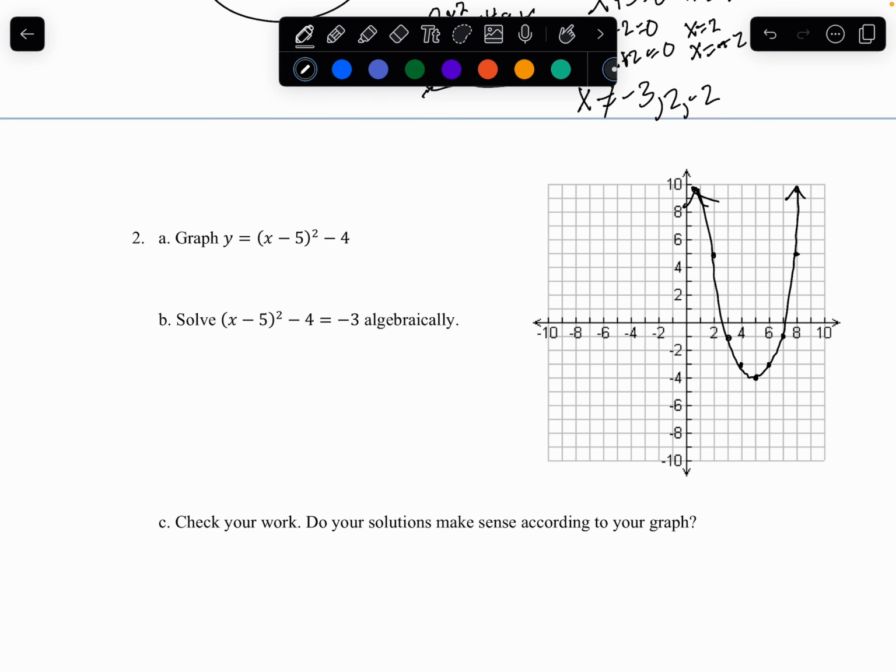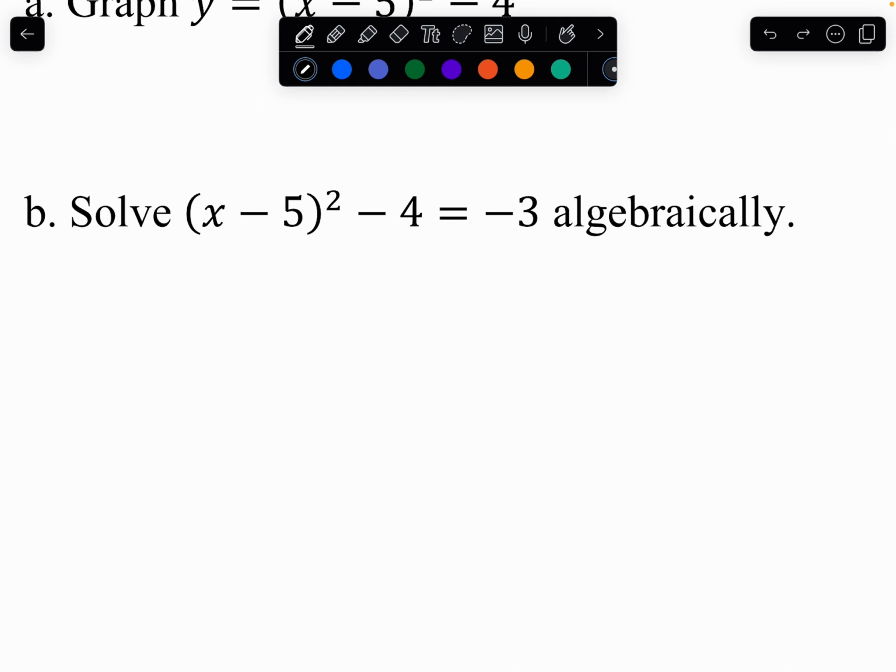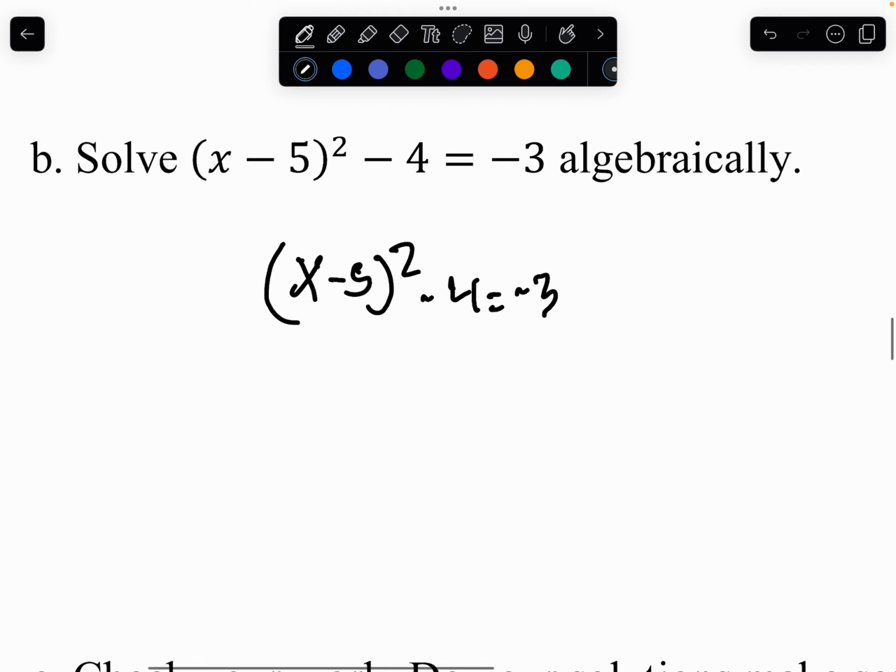Now that's the graph for the A. Now I have to solve this algebraically. So first, I'm going to write the equation down. First we're going to add 4 to both sides, so you get 1 equals (x minus 5) squared.